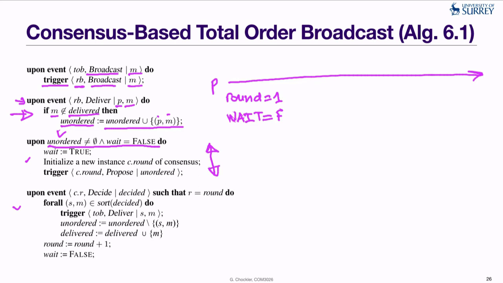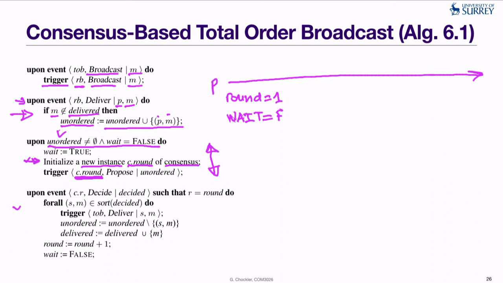So what happens in this handler is as follows. Here we start up a new instance of consensus. This instance of consensus is going to be identified by the round number. So this round number is passed as the name of the consensus instance.